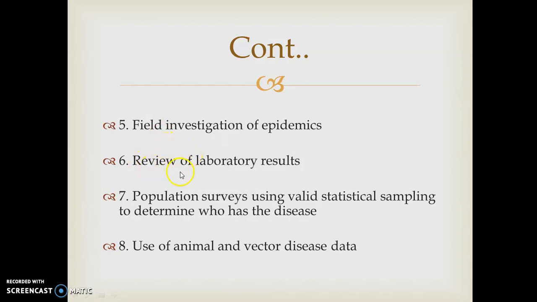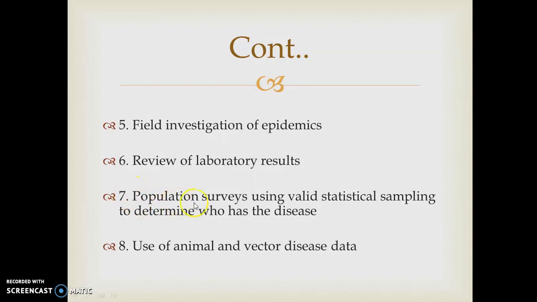Now the sixth one is the review of laboratory results. We should also review the laboratory results, for example the biochemical test, the antibody test, the PCR test, and other types of laboratory results.